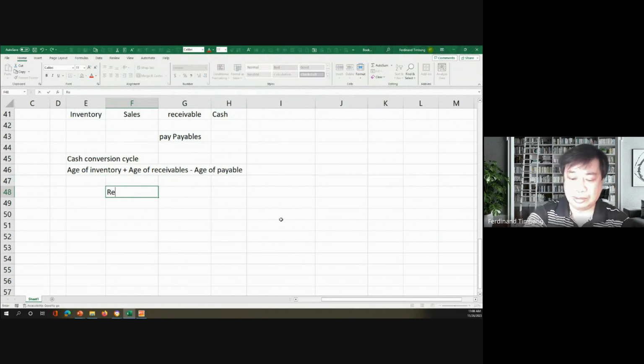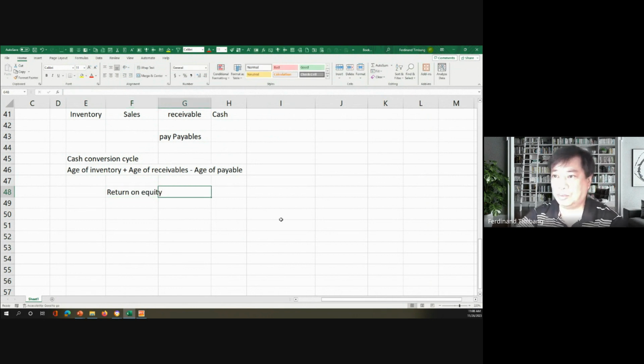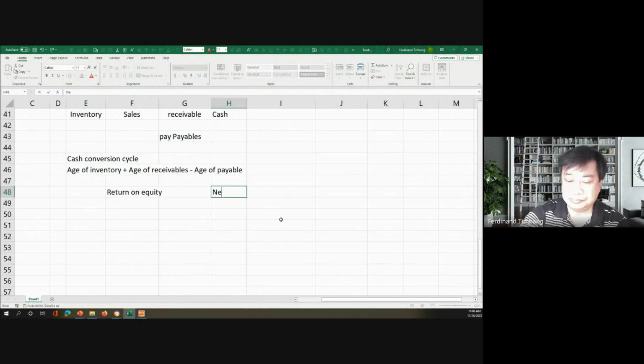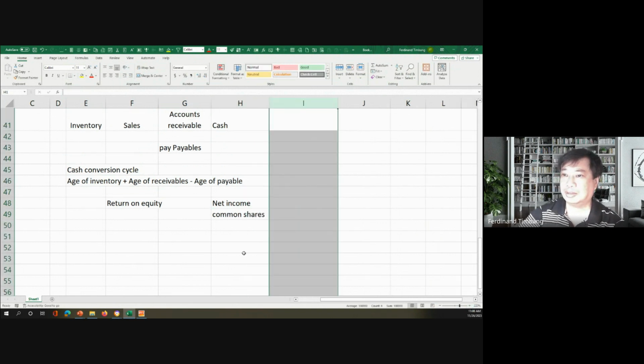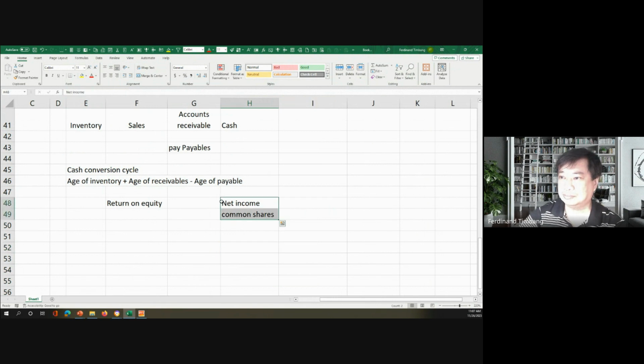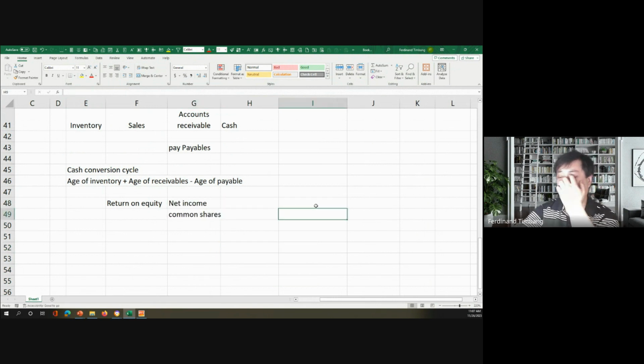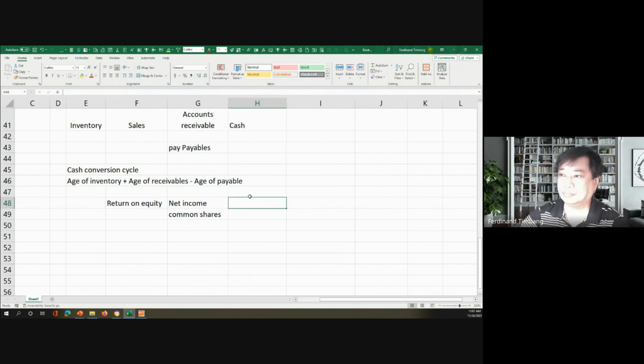Yung return on equity natin, yung formula natin is net income over the common shares. Okay, so ganyan siya. Ngayon, tingnan natin. Halimbawa, ang net income natin, let's say is 10 million.